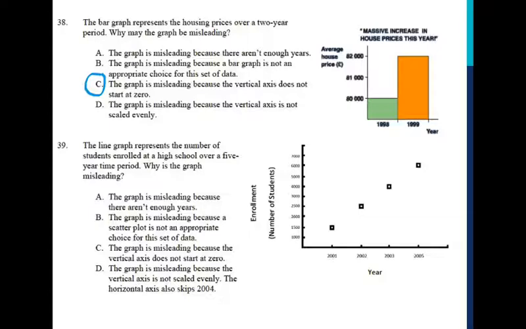And the horizontal axis also skips 2004. Let's see, so let's look at the scaling. It doesn't start at 0, but it goes from 1,000, 1,500, 20, 25, 30, and then it goes to 40, 50, 60, 70, 100. So the y-axis is not scaled correctly, and we're also missing 2004. So the correct answer for that is D.